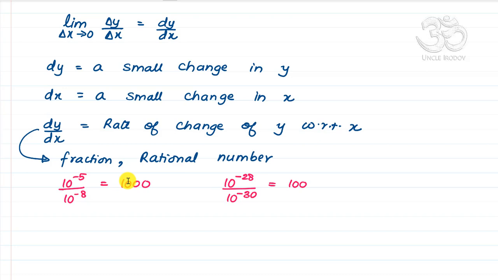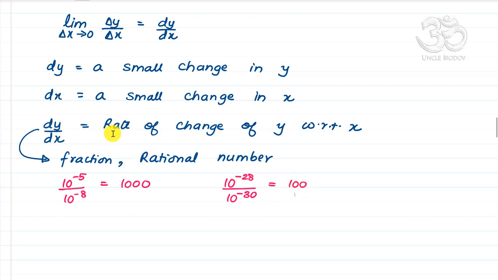Maybe this number shows the distance traveled by an object, and this number shows the time in which that distance was traveled, and then you get the speed as 100, which is not entirely something out of this world. 100 meter per second is definitely possible. So a ratio of two numbers, both of them very small, still makes a lot of sense.